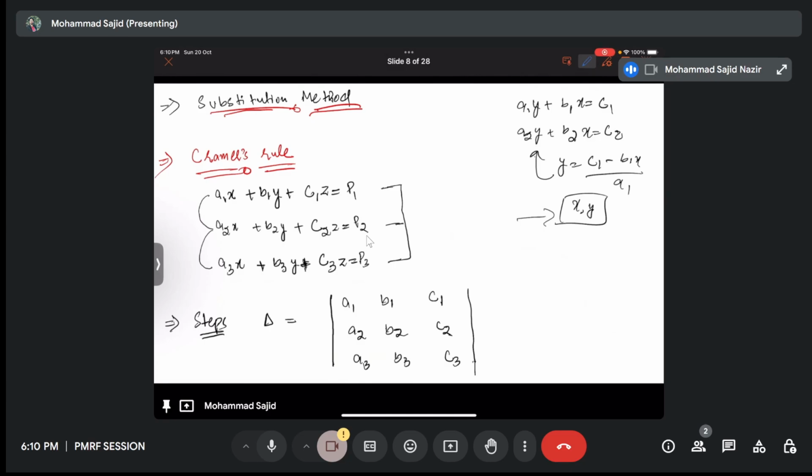It may need a lot of equations. So what we do is we try to use another method that's called Cramer's rule. If you have three equations of this form, a1x plus b1y plus c1z equal to p1, a2x plus b2y plus c2z is equal to p2, and a3x plus b3y plus c3z is equivalent to p3, then you can use Cramer's rule, which states that you first find the determinant, that is delta, of the coefficients: a1, a2, a3, b1, b2, b3, c1, c2, c3.